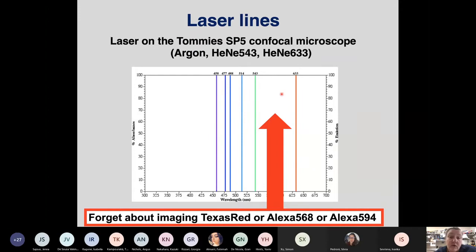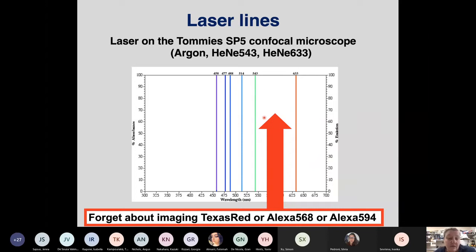You also have to know what your microscope can actually do. For example, here I've got the laser lines of the Leica SP5 confocal microscope, and that's just what we can excite. If you happen to use a secondary antibody that's conjugated to a fluorochrome that's in this void here, so, you know, Texas Red, Alexa 568, Alexa 594, you will not be able to excite it very well.